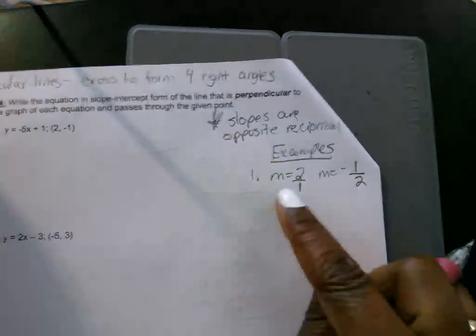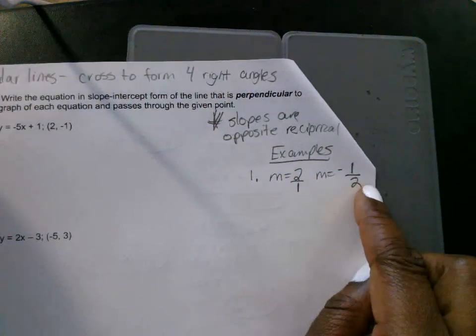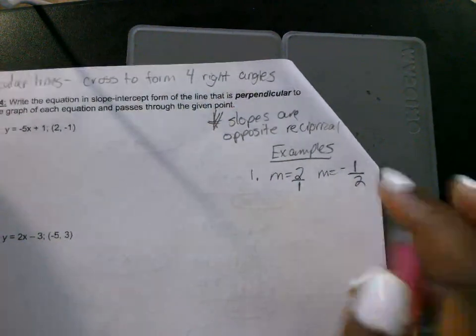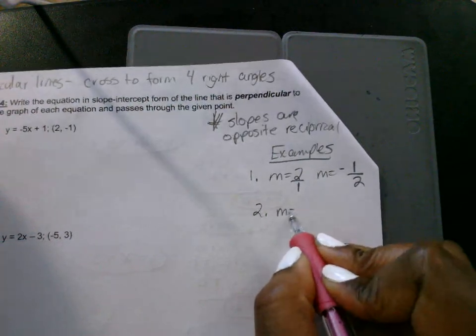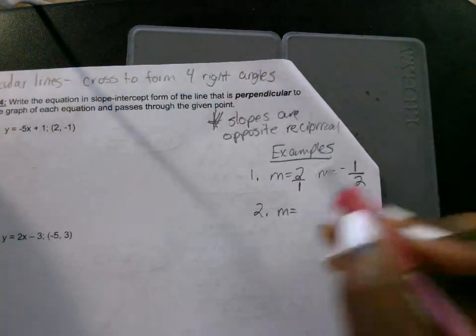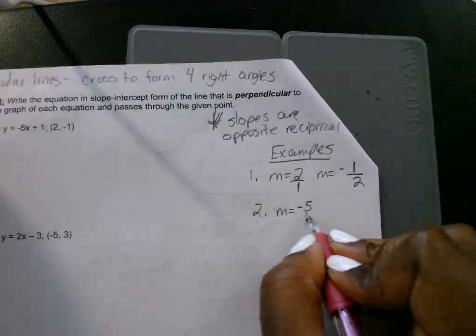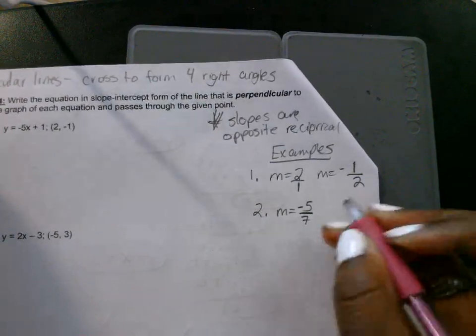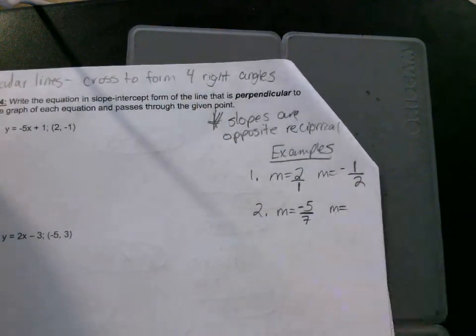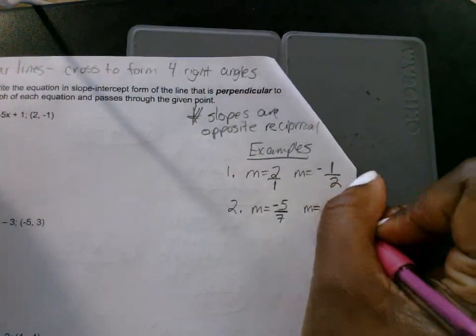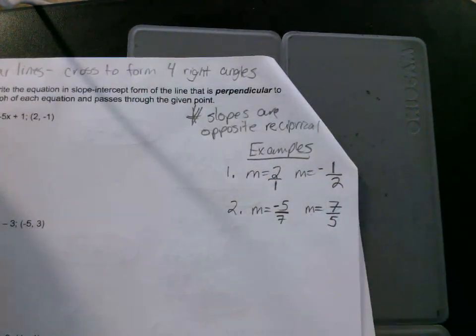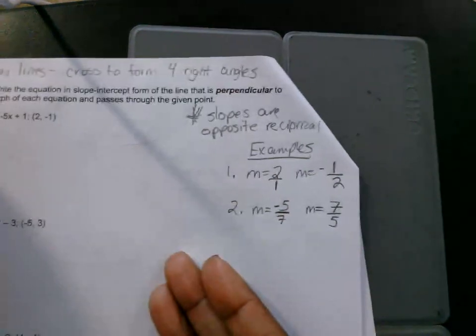So this is the slope of one of the lines. This is the slope of the other line. Opposite reciprocal. If the slope of one of the lines is a negative 5 over 7, then what's the slope of the line that's perpendicular to it? Positive 7 over 5. Opposite reciprocal.